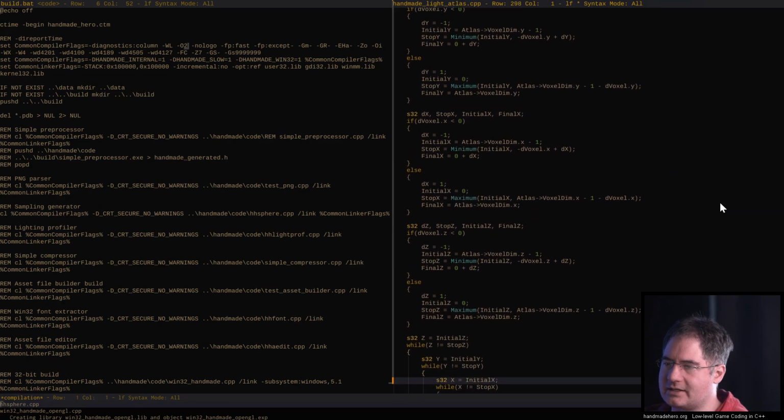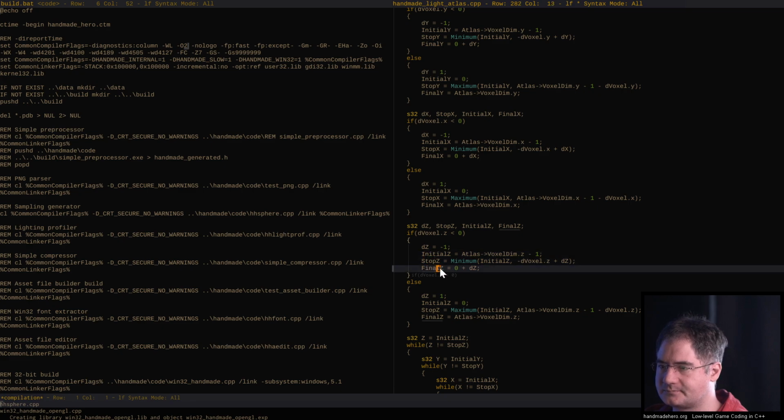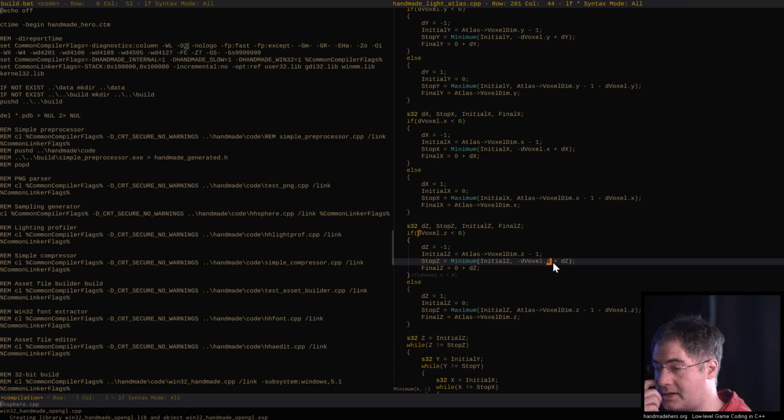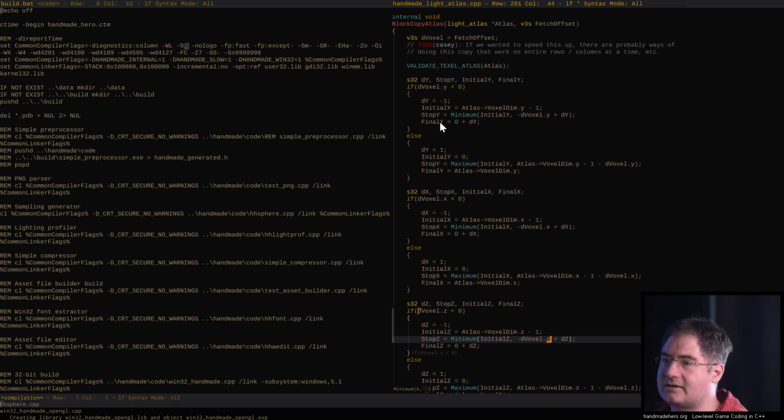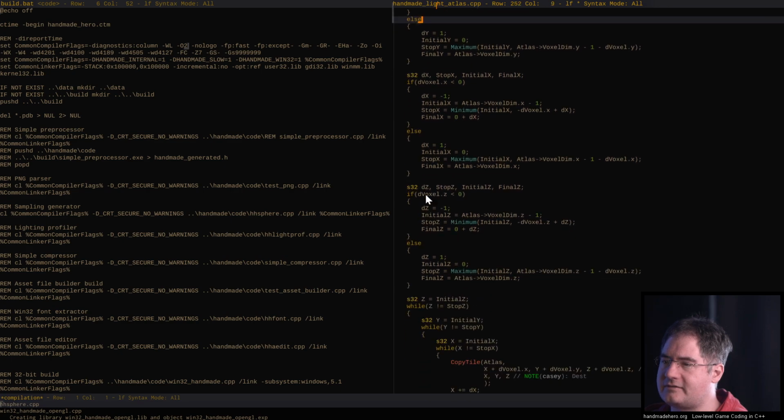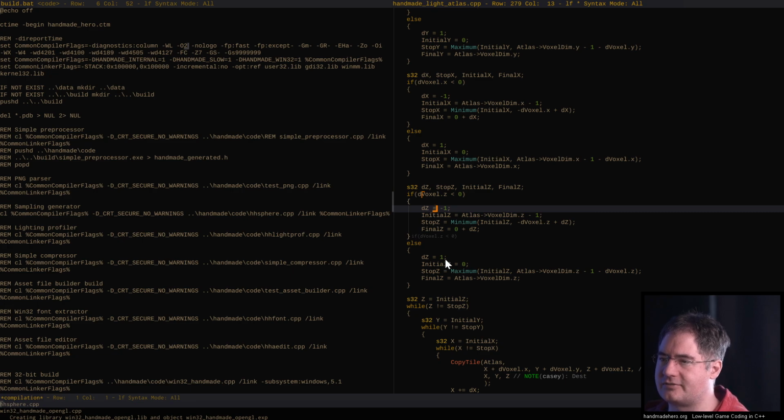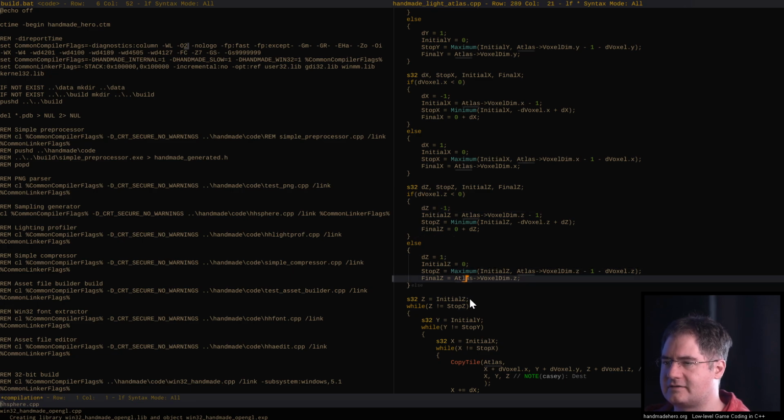Why is this happening? So if we look at this code here, this is the code that computes the Z values. So you can see stop Z and final Z occurring here. So let's take a look at how this stuff shakes out. So we can see the two paths involved. The dz value in our case.